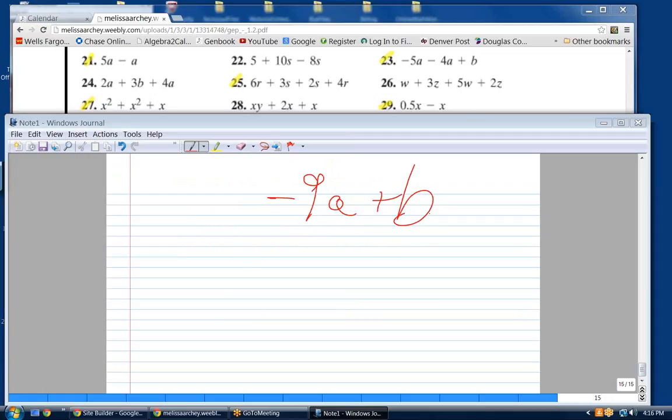That's what the 23 answer is. Right. Okay. 25? That's 10r plus 5s. Okay. 27? 2x squared plus x.